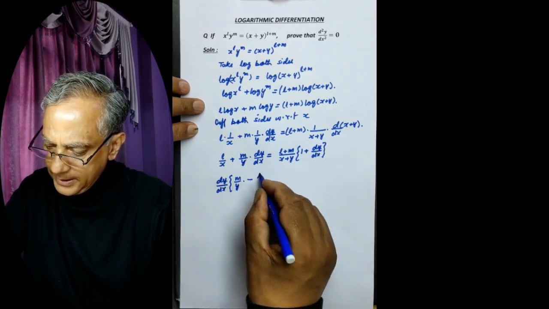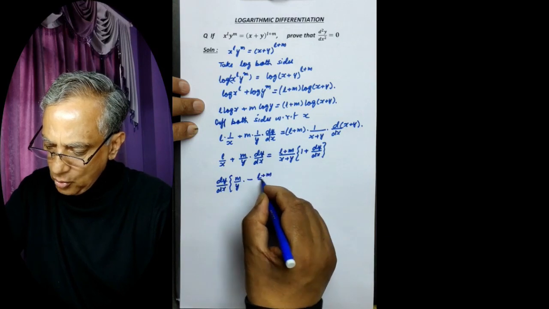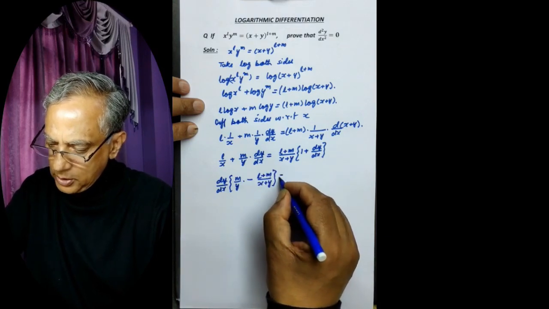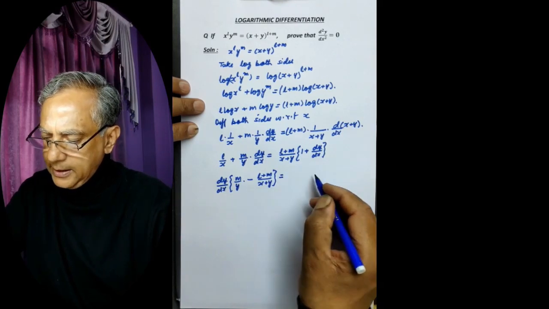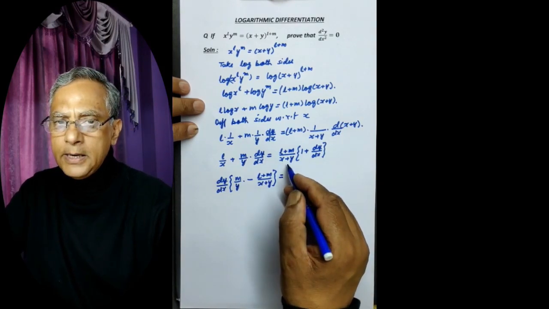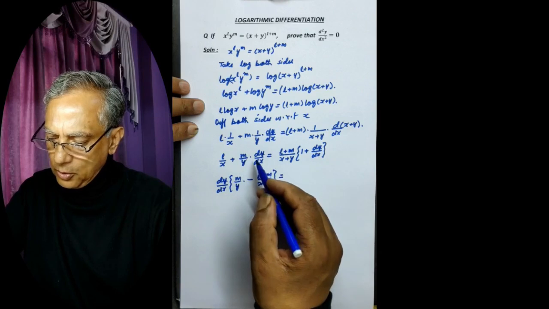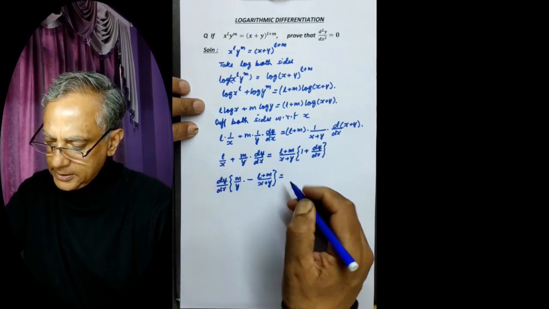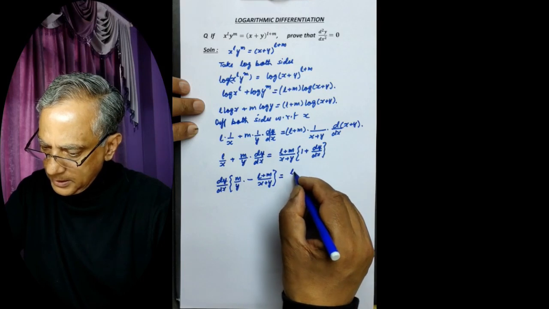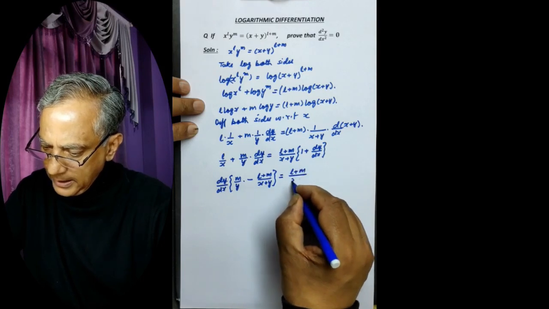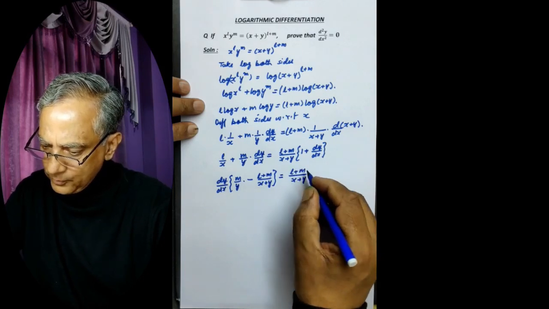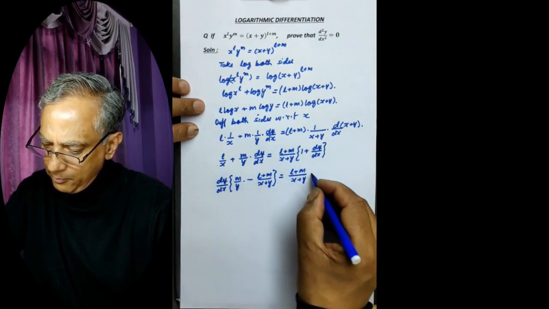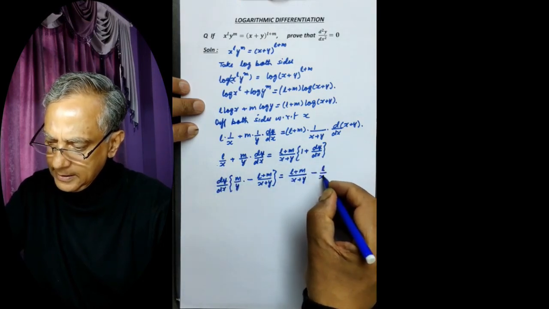This will be minus L plus m over x plus y is equal to, now write on this side the terms which do not involve dy by dx. There are two types of terms, those involving dy by dx and those which do not. So this will be L plus m over x plus y, the term not involving dy by dx, and from here we will have minus L by x.